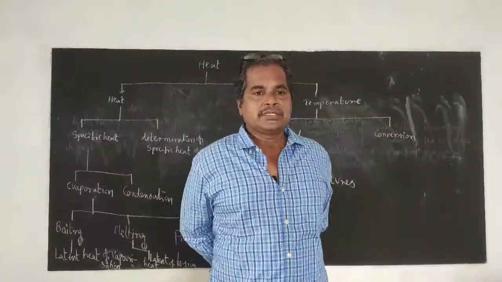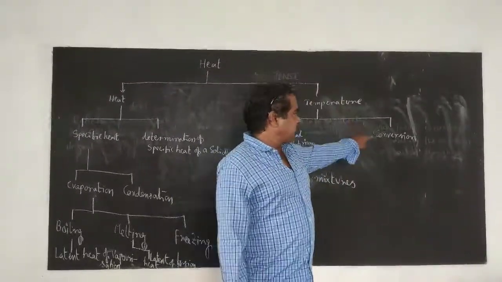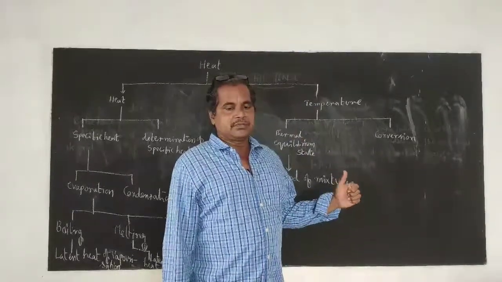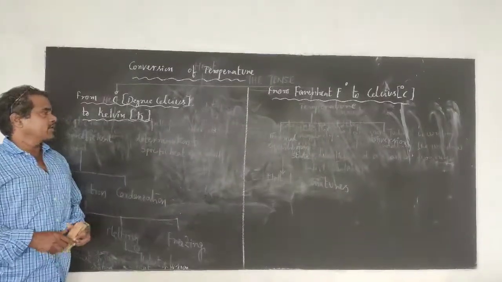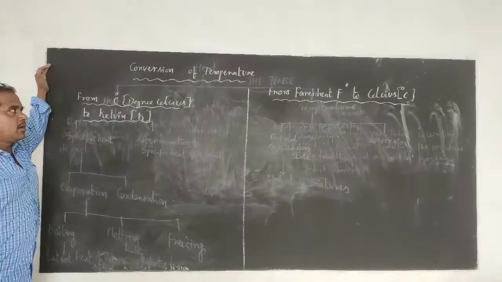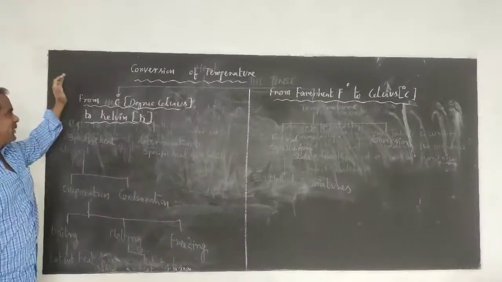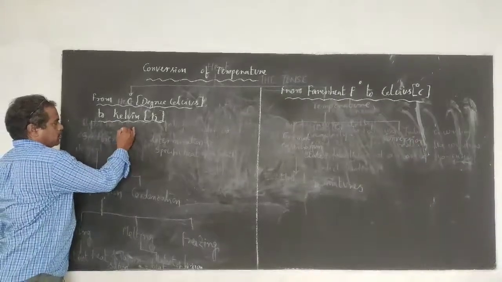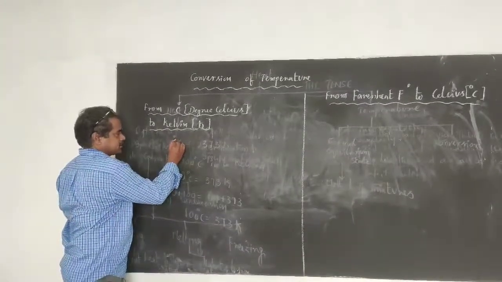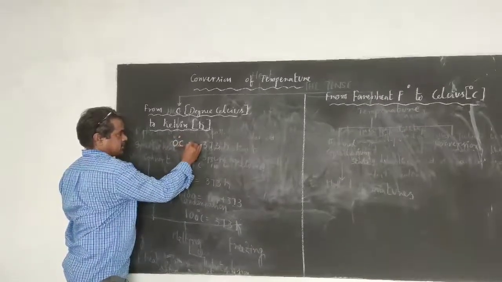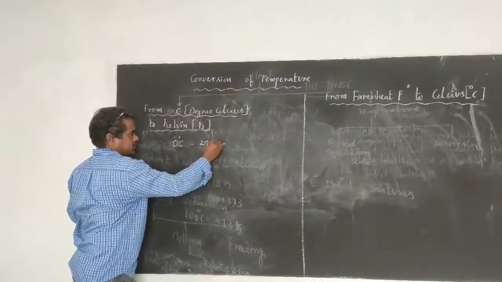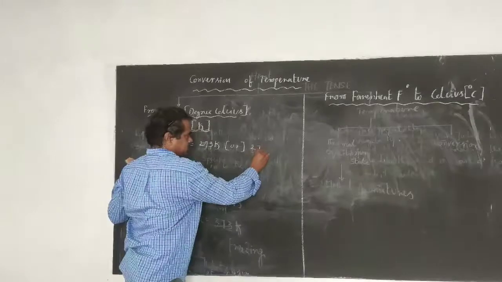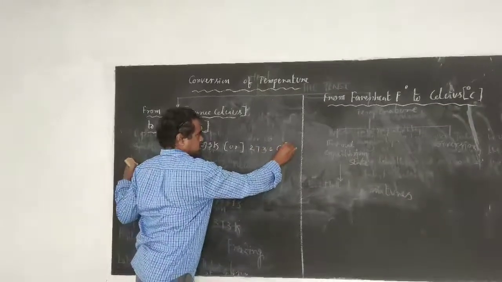Now we are discussing the conversion of the units of temperature from degree Celsius to Kelvin. We have one standard value, that is 0 degrees Celsius is equal to 273 Kelvin. In other words, 273 Kelvin is equal to 0 degrees Celsius.